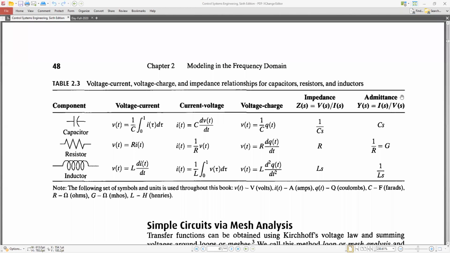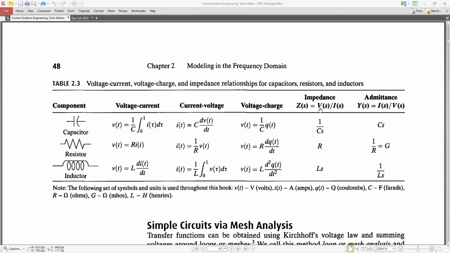and admittance relation. So what is the voltage current relation? For the capacitor it is the current voltage relation. It is integration and differentiation, and there is a voltage charge relation, and the impedance.